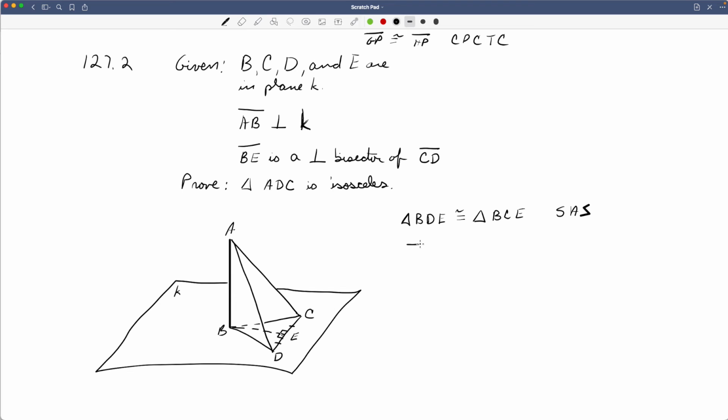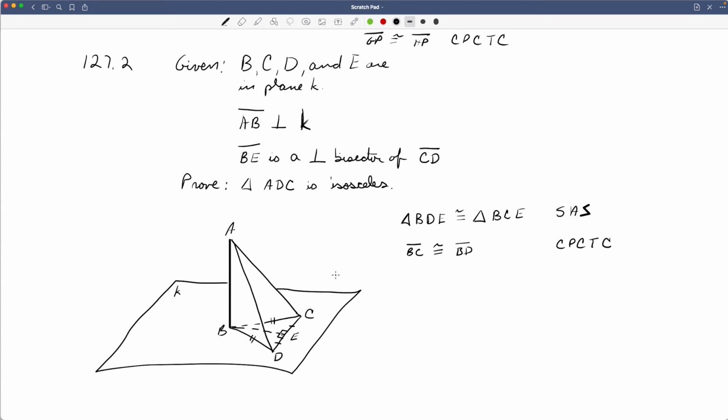So therefore, line segment BC is congruent to line segment BD. So these two are congruent as well. Right? And that is by congruent parts of congruent triangles are congruent.